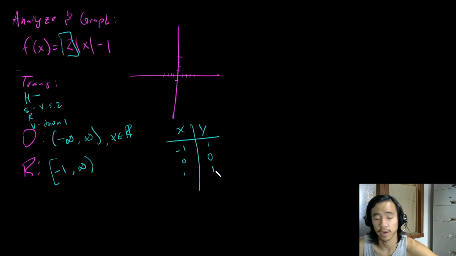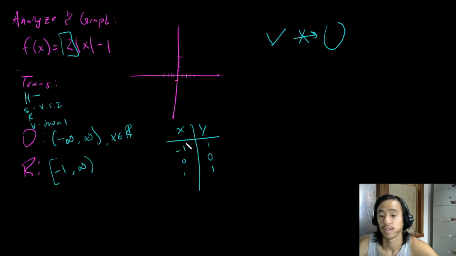The important thing is that the essence of the function shouldn't change. If you start with this, it should not look like this at the end. You should still have an absolute value function. All right, so anyways, I'm going to do the transformations here.